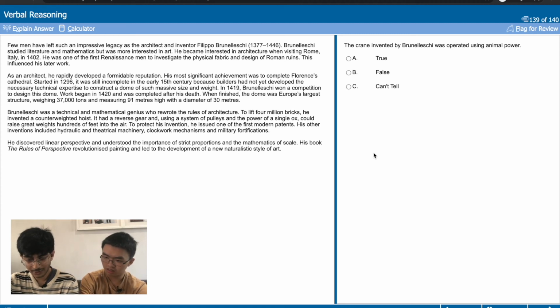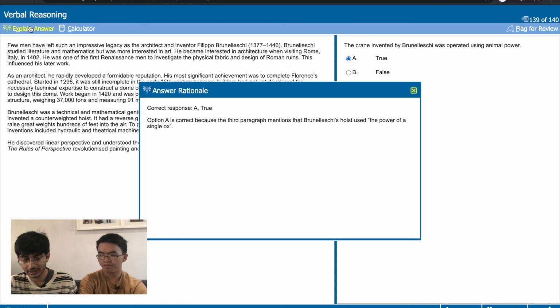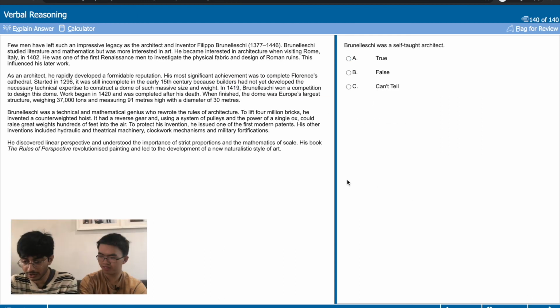But wait, it says using a system of pulleys and the power of an ox. I interpreted that like how cars have horsepower, but it's not like that. So yeah, the power of a single ox. Okay, I still reckon it's true.